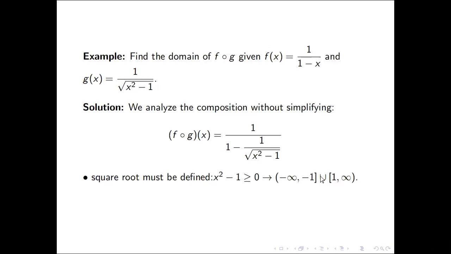We exclude negative 1, we exclude 1, and we also exclude plus minus square root of 2. So it would have a hole in each interval present here in the union. This will have a hole at negative square root of 2. This will have a hole at square root of 2.